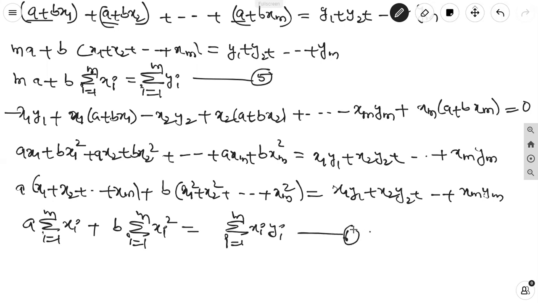So we can write it as normal form. These equations are called normal forms.